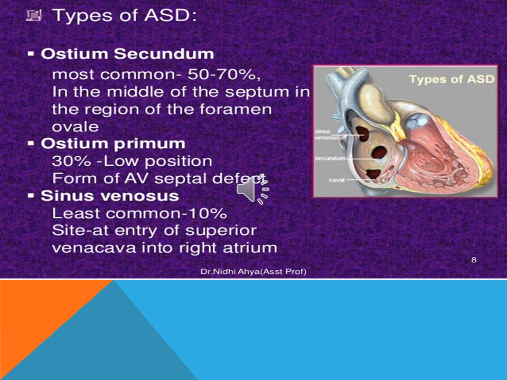Sometimes even at the site of entrance of the superior vena cava, there is a small opening left in the wall of the right atrium, that is sinus venosus, which is present in less than 10% of the cases. But most of these cases of atrial septal defect are persistence of the ostium secundum.